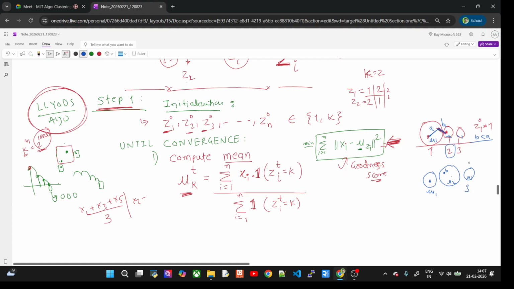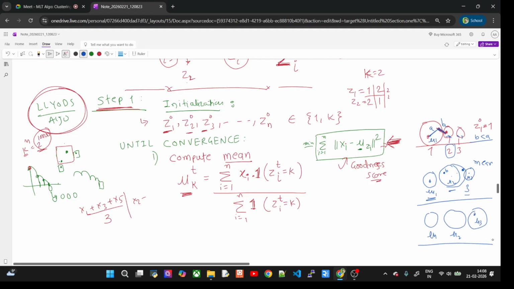So every time you change a point, you calculate the mean value. Here also in this stage you are calculating the mean value. Maybe there is some more point here, which is very near to cluster 3 but is in cluster 2, so you have to calculate the next mu2 because it belongs to mu3.